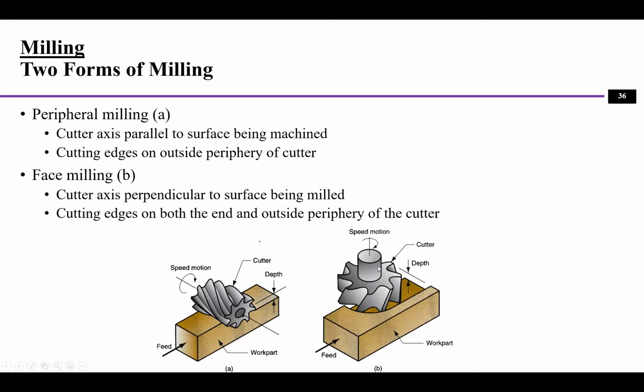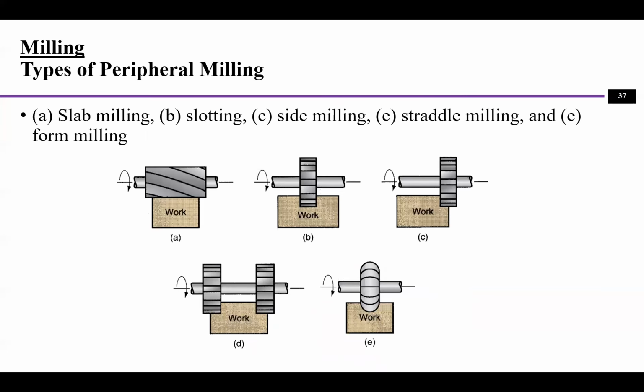Another one is face milling. For face milling, you can see the center axis of the cutter is perpendicular to the workpiece. Those are milling processes, and some of the shapes or geometries can be made with parallel milling.